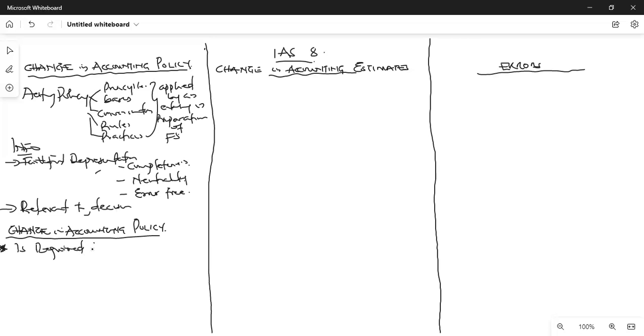So it is required by an IAS or IFRS standard. All right. Then another reason why you will go ahead and change accounting policy is that you can only change if the change is going to bring about reliable and more relevant information.